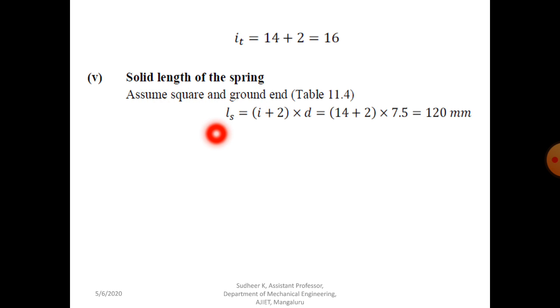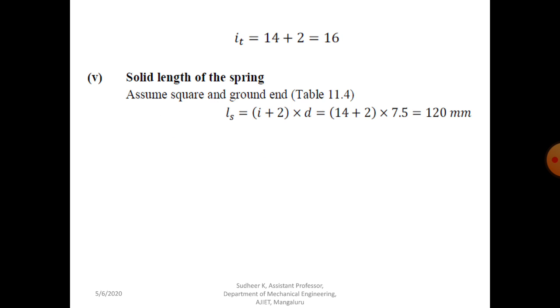For that we again use the same table, 11.4, for the different end conditions we discussed earlier: plain end, plain and ground end, square or close end, and finally one of the important end conditions, square and ground end.